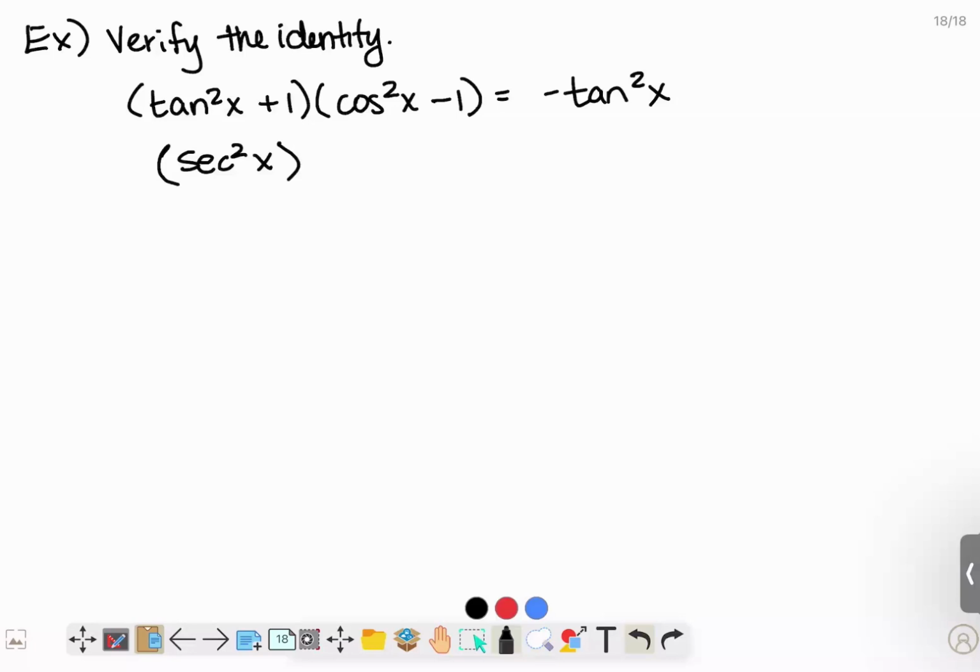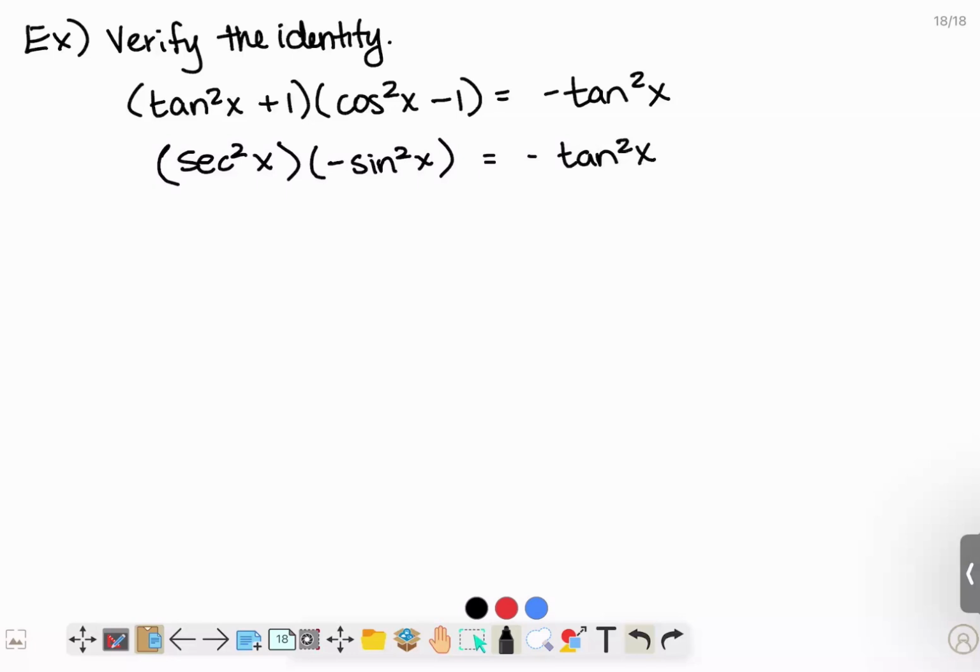We solved sine squared plus cosine squared equals 1, so that it said cosine squared minus 1, and that was equal to negative sine squared x. But don't take my word for it. Make sure that makes sense to you, and you can recreate that.